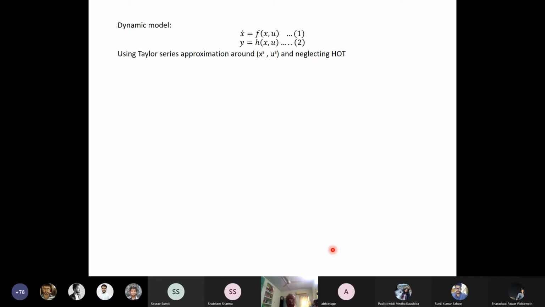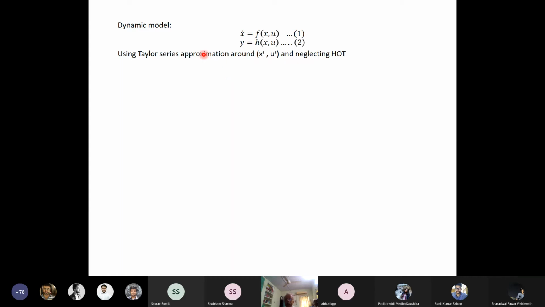So let us go into details on the development of this linear and nonlinear state space model, specifically the linear state space model. In the case of a linear state space model, we develop the dynamic model in the form x dot is equal to f(x, u), y is equal to h(x, u). Here again, x is of dimension n, u is dimension m, and y is dimension p.